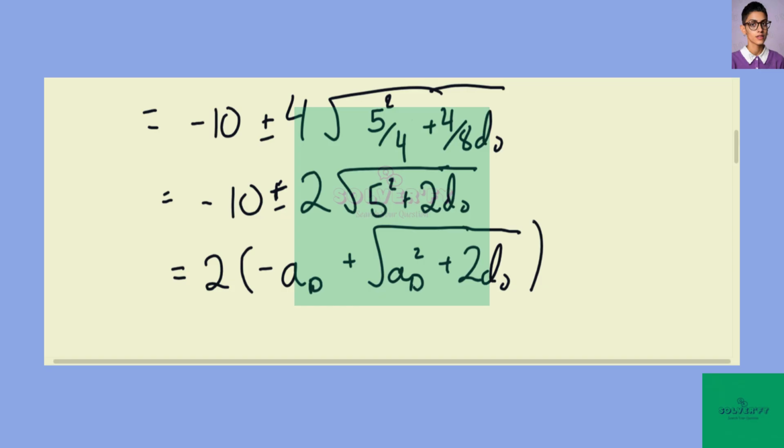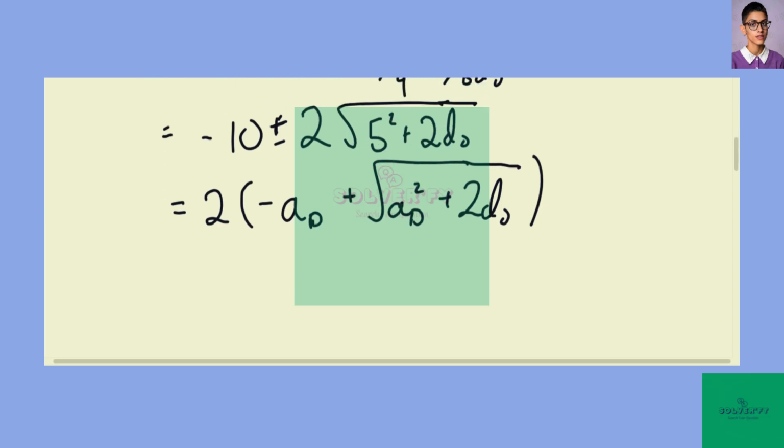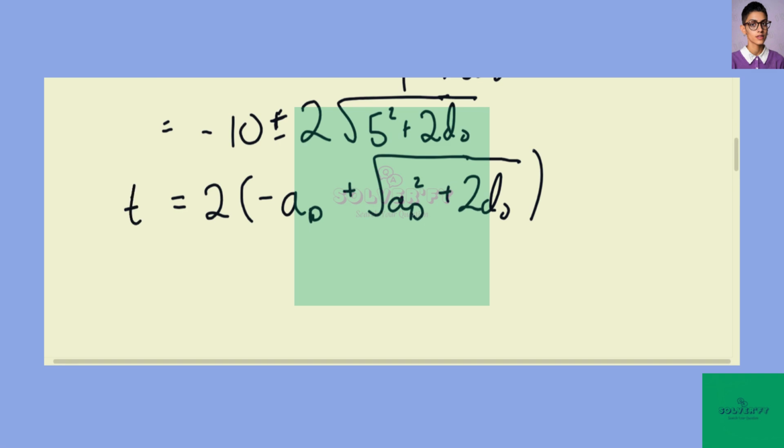We only care about the positive time. At the limit where d naught, the initial distance, were to be 0, then this would be instantaneous because the square root would cancel here, and then these two would cancel, so that would be 0. If AD is very big with respect to d naught, then a similar thing would happen because the square root would approximately just be AD again. And if d naught is very big, then of course it'll take longer.